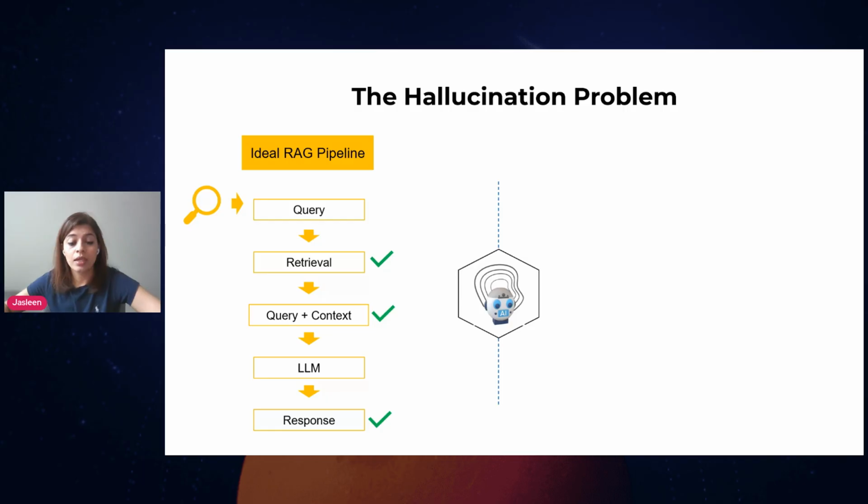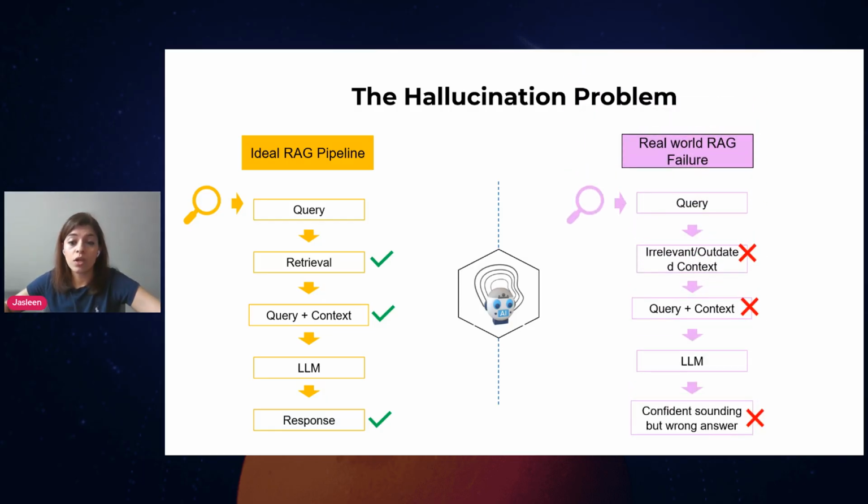Now, here's where things get tricky. The quality of the retrieved context determines the quality of the answer. But RAG does not always get the right context. Imagine asking a question about company revenue trends, but the retrieved context talks about headcount or product launches.